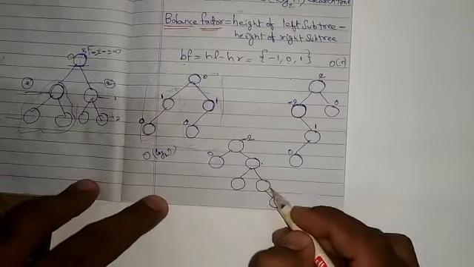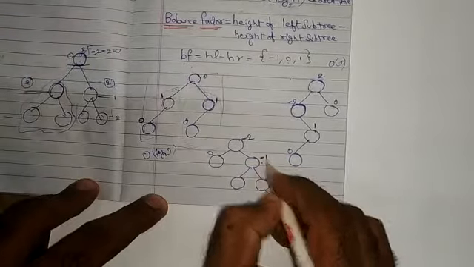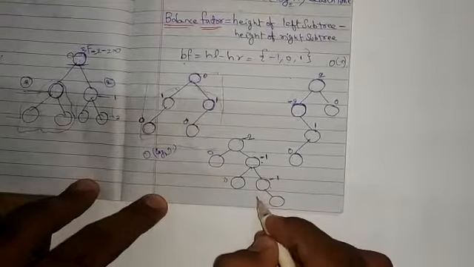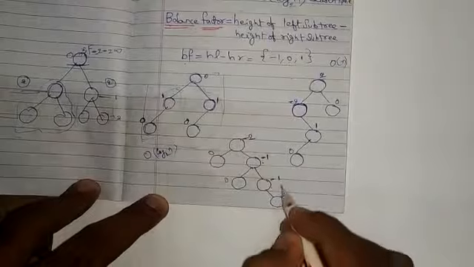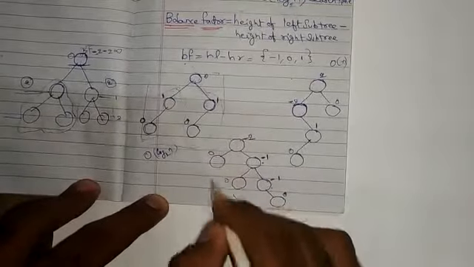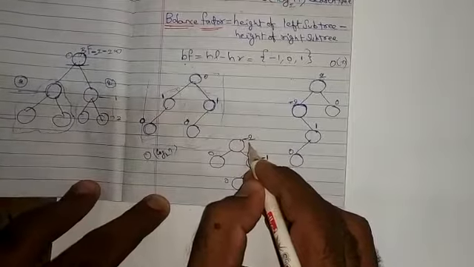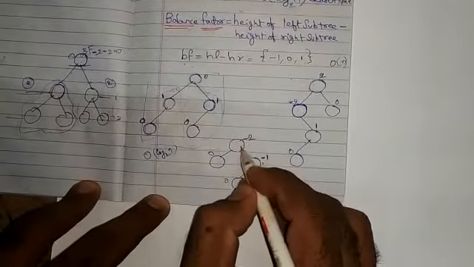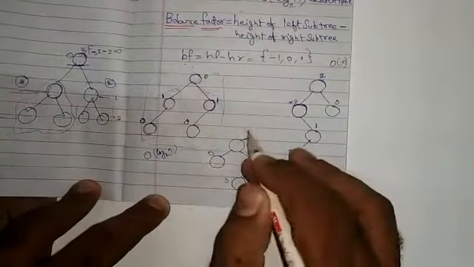The right subtree is 1, 2. 1 minus 2, minus 1. Here 0. This is minus 1 because 0 minus 1. This is 0. Is this a balanced tree? No, this is not at all a balanced tree because here we have a problem: -2. Even if one of the nodes is other than -1, 0, 1, the total tree is not balanced.